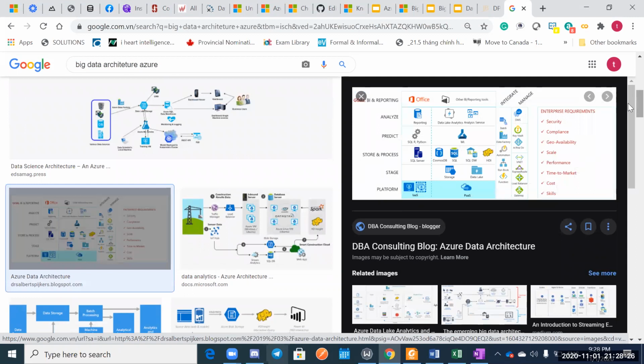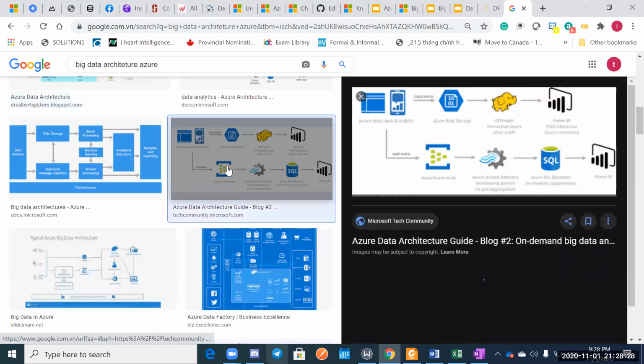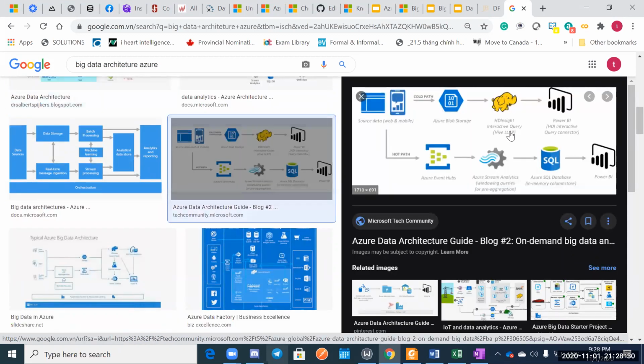Let me see if there is another one. Also, I mentioned HDInsight last time, but it won't be tested, so that's a good thing. And again, I was talking about the cold path and hot path. Remember, when I said this, I was talking about lambda architecture.